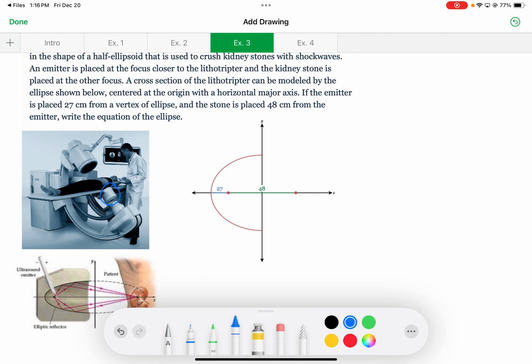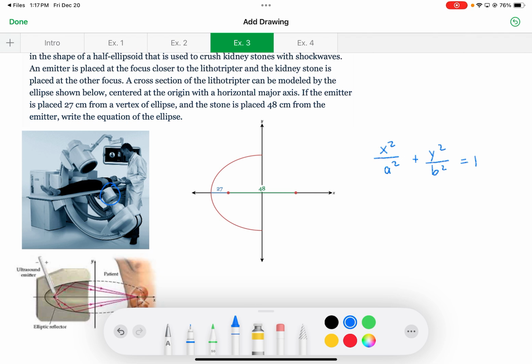it says the cross-section of the lithotripter can be modeled by the ellipse shown, centered at the origin with a horizontal major axis. So we're wider than we are tall. So the model for this would have to be x squared over a squared plus y squared over b squared equals 1.